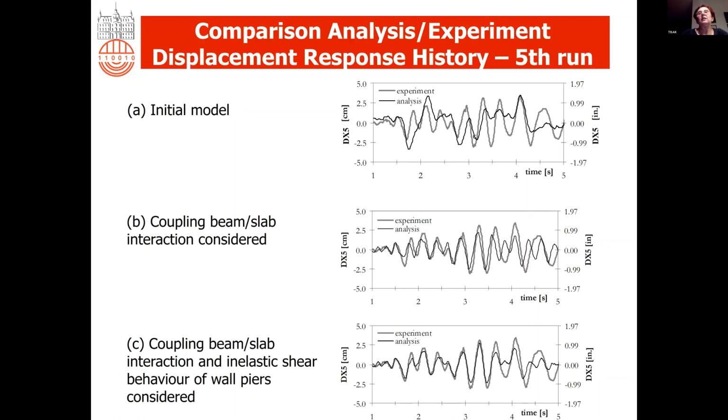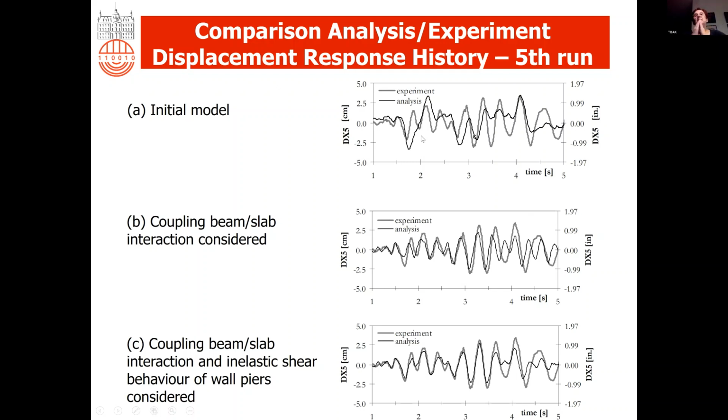If we compare, this gray bold line is the response obtained by experiment, and the black one represents the results of analysis, and you can see that they are quite poor. Why?